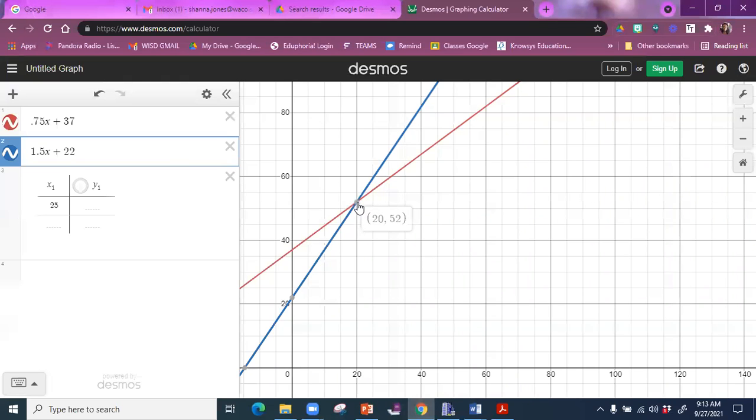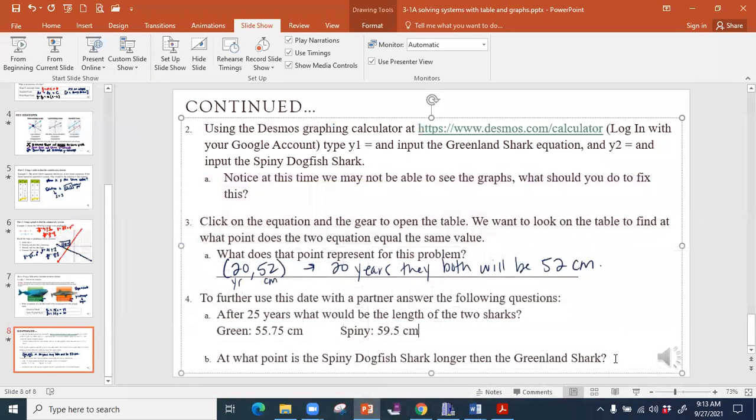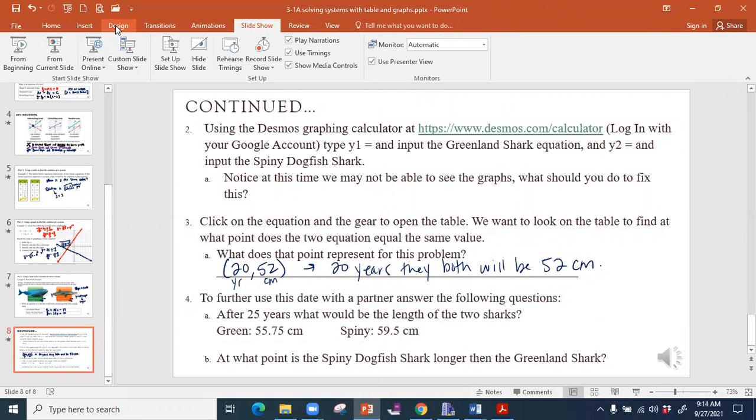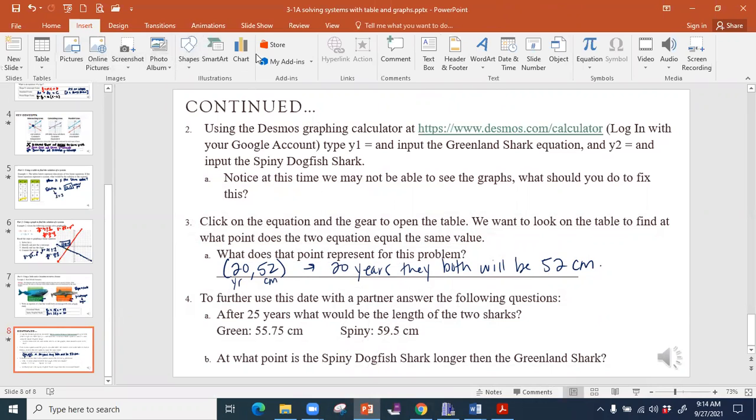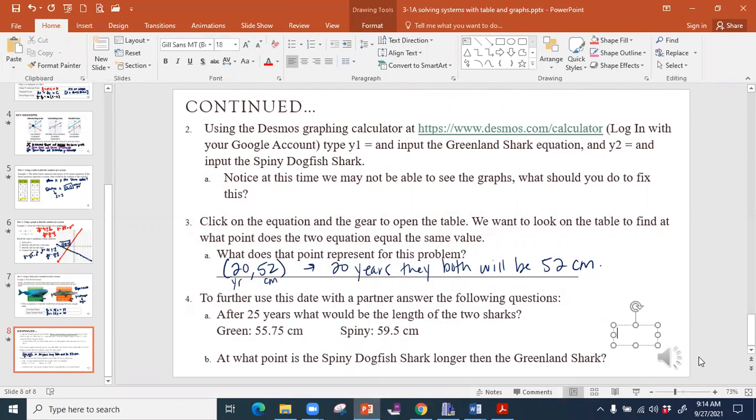So after 20 years, no matter what, the spiny dogfish is going to be bigger. So the answer is after 20 years. All right. That concludes today.